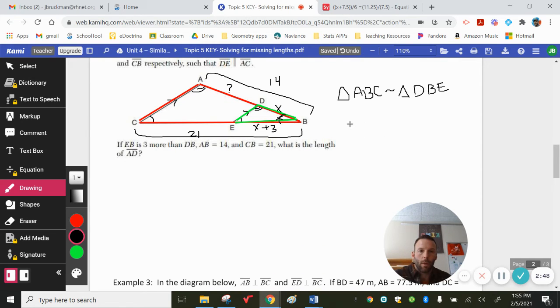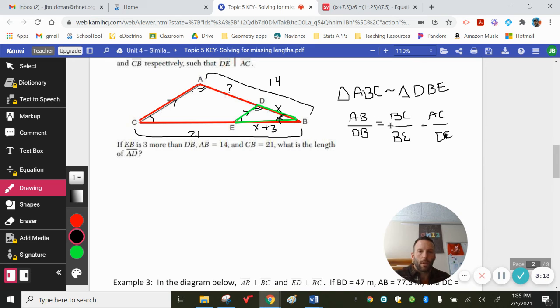And now I can say, well, I know that the side AB of my red triangle corresponds to side DB of the green, and BC of the red triangle corresponds to BE of the green, and finally AC of the red triangle corresponds to DE of the green.